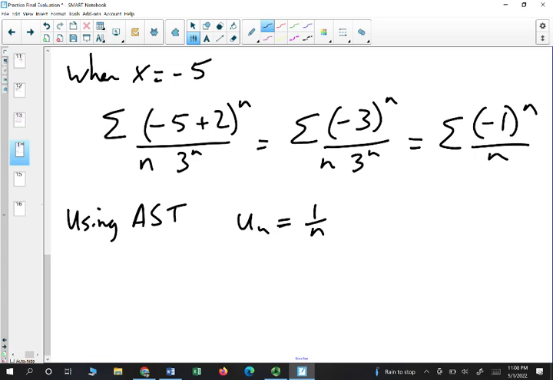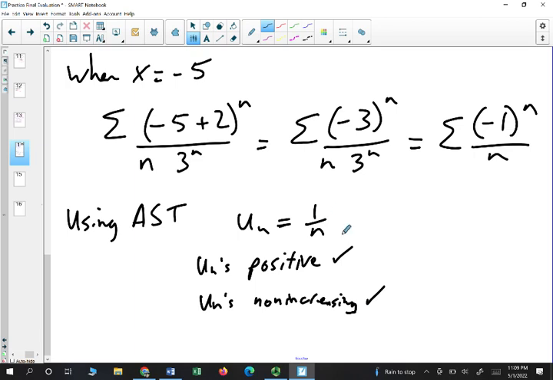Looking at that, would the terms be positive? Yes. Would the terms be non-increasing? We're just following the alternating series test here. Yes, right? We'd have 1 over 1, 1 over 2, 1 over 3, 1 over 4, etc. Non-increasing.